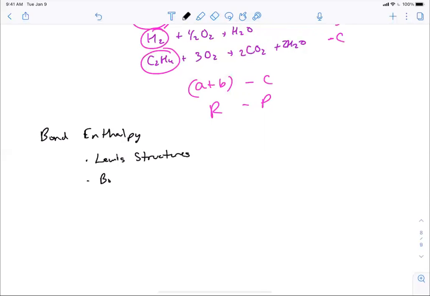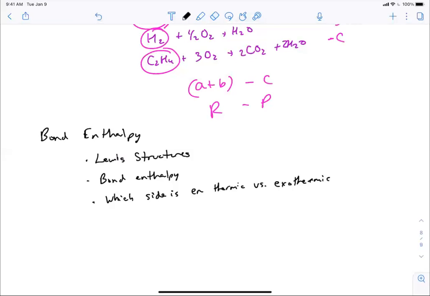Two, you have to understand what bond enthalpy is. And then three, you have to understand which side is endothermic versus exothermic.